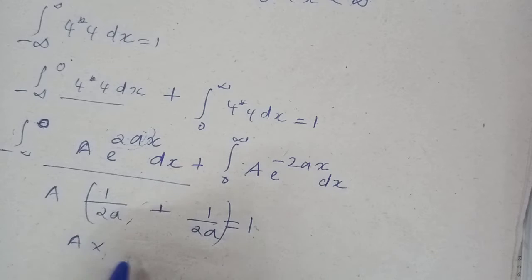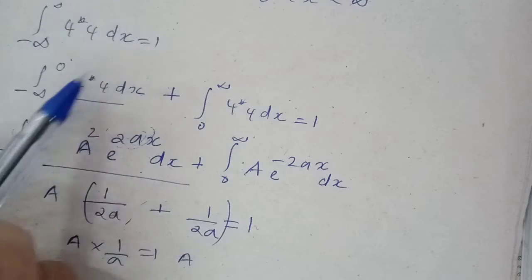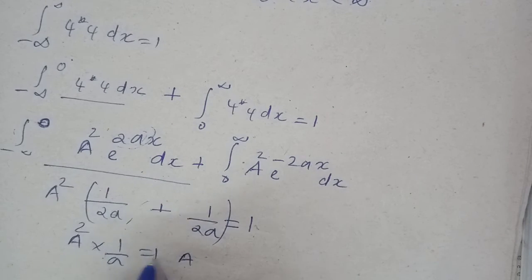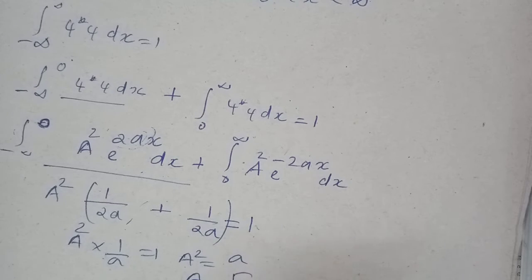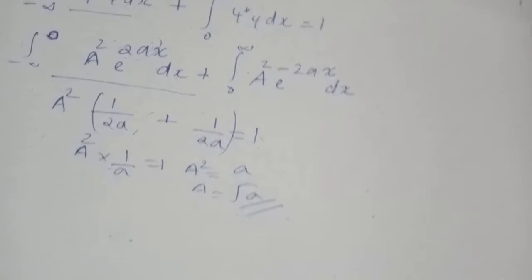So a squared into 1 by a is equal to 1. There will be a square because of psi star psi. So a squared is equal to a, so A is equal to under root a. So we got the normalization constant for this wave function.